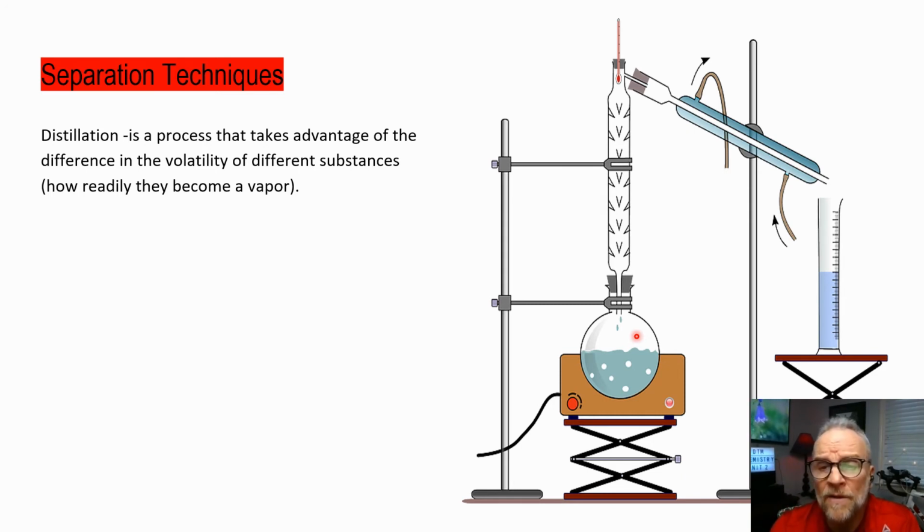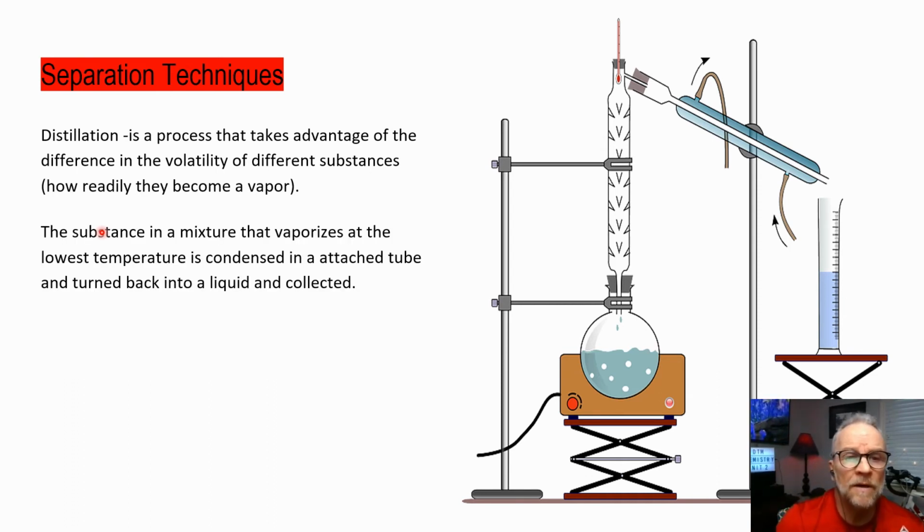They take advantage of this in all sorts of things. They distill alcohol this way. They also have fractional distillation setups for crude oil, so that you can get off the different fractions of crude oil, the gasoline, and the diesel fuel, and so forth. So those are really neat things as well. Okay, so it says here the substance in a mixture that vaporizes at the lowest temperature is condensed in an attached tube and turned back into a liquid and collected.